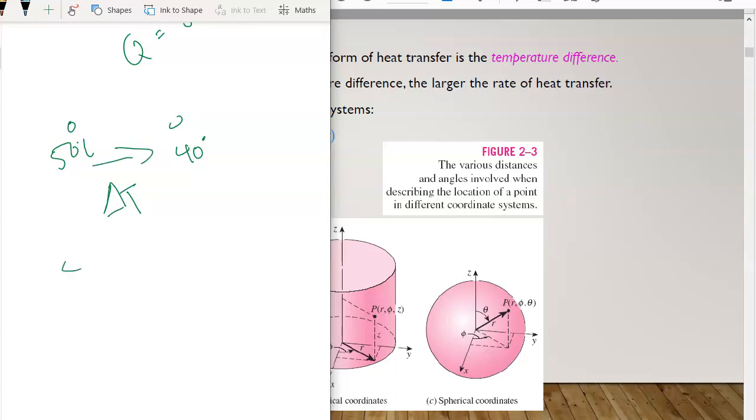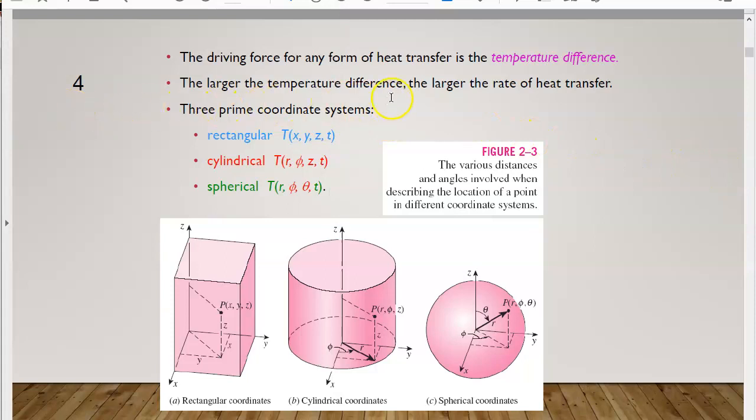If this point is 40 degrees Celsius and that point is also 40 degrees Celsius, the temperature difference is equal to 0. I mean, no heat is transferred because it's already in equilibrium. The larger the temperature difference, the larger the rate of heat transfer. So if you need a large amount of heat to be transferred, you increase the temperature difference.